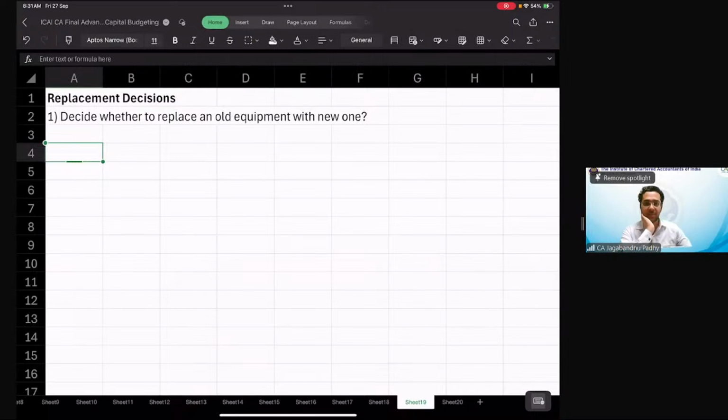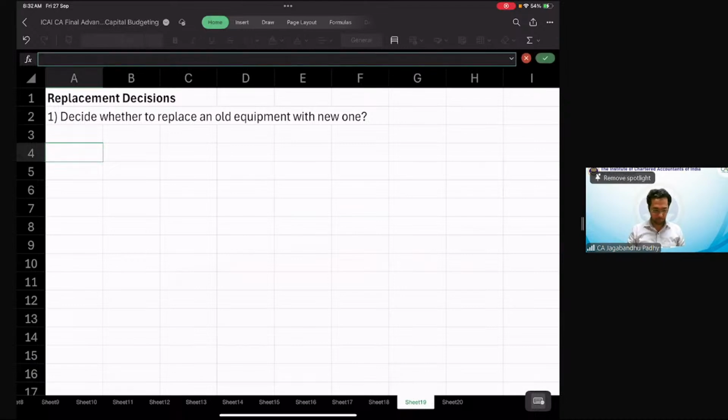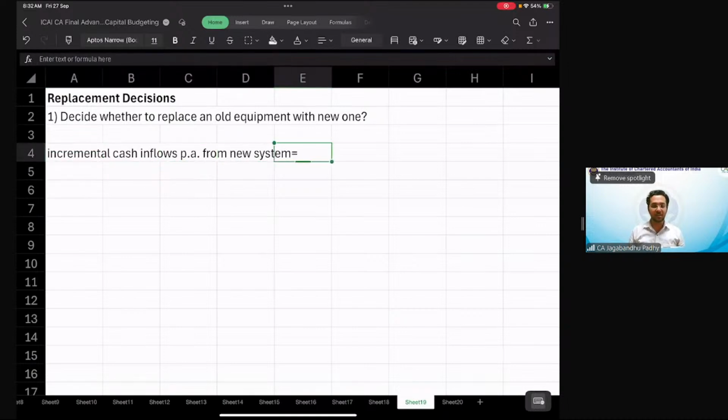First, let us understand, we know that there is going to be a benefit that we are going to get. What is the incremental cash inflows per annum from the new system? So from the new system, what is the incremental cash inflow that we are going to get? We're going to get two things in it.